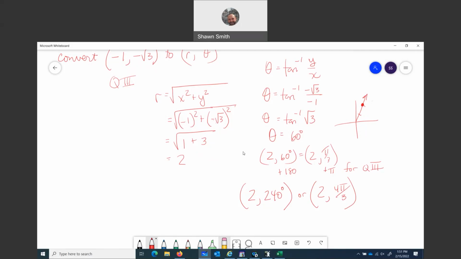If I was 60 degrees over here, I walked a long positive route. I can go around the negative route by just saying this could be -2, 60 degrees. This is quadrant 3. Same thing with the radians, -2, pi over 3.